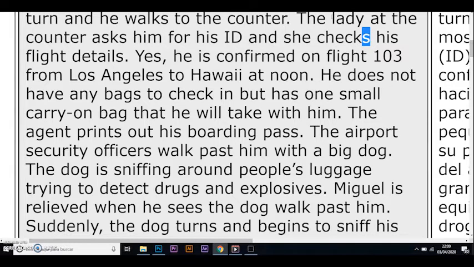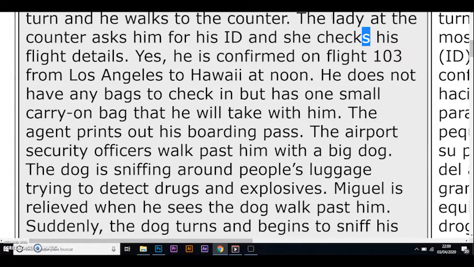He does not have any bags to check in, but has one small carry-on bag that he will take with him. Do you know what a small carry-on is? It's a little bag that you take with you, not one you put in the hold of the plane.